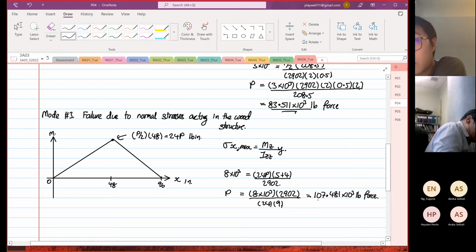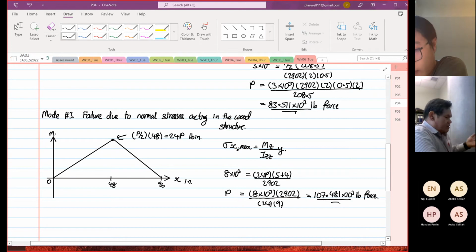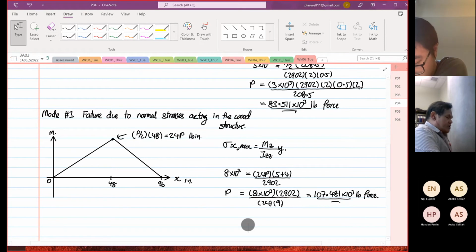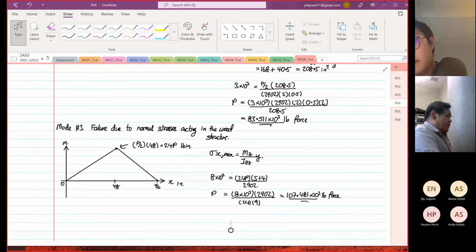So what we see is, if we consider failure due to bending moment, the force is the highest. The second highest will be due to the shear force, and the third, or the smallest value, will be due to the failure at the joint.